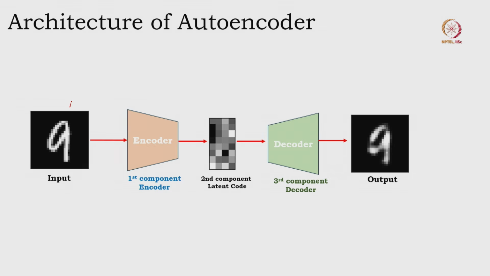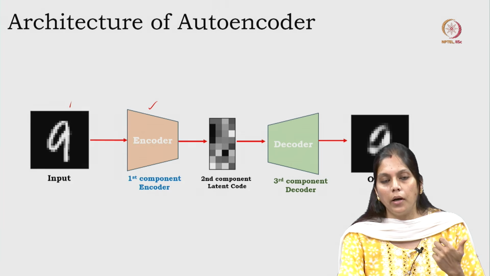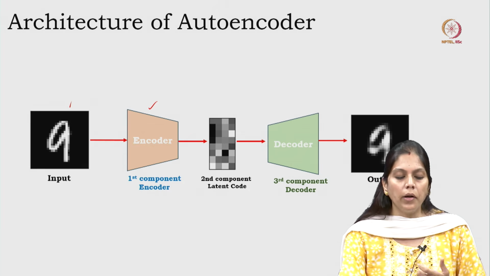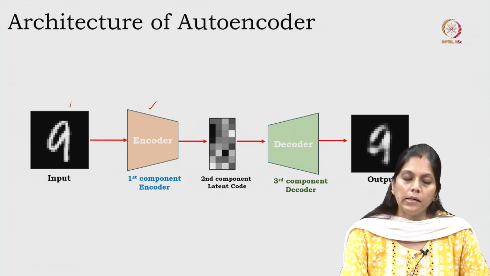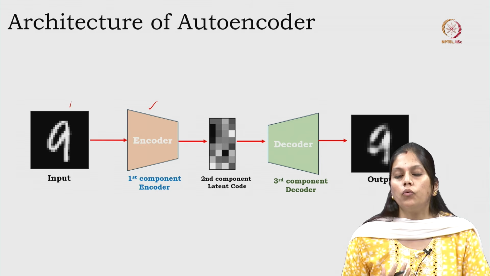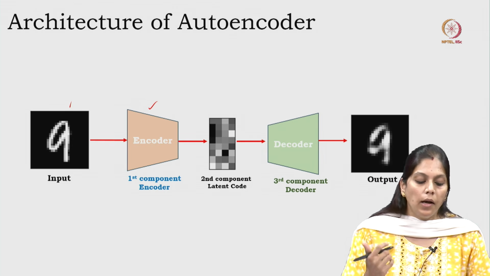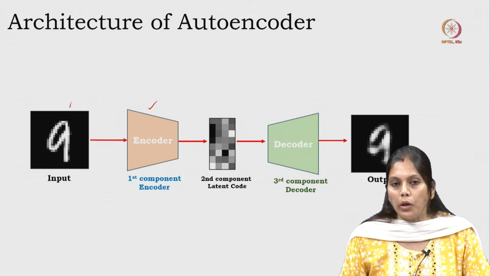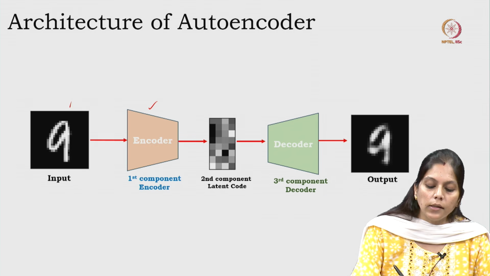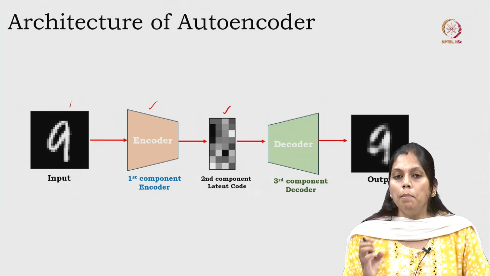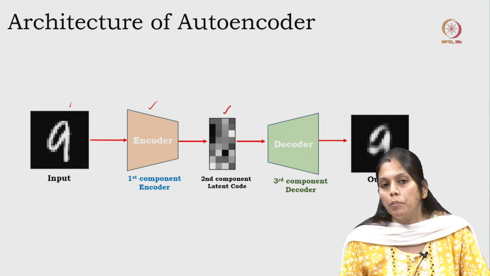An input is passed to an encoder. Now, when the input reaches the encoder, what does the encoder have to learn? What is the role of an encoder? The encoder has to learn from this data. Whatever the encoder is learning, it is trying to focus on learning the most important features. Towards the end of the encoder, the output is a smaller or more important representation of that input data.